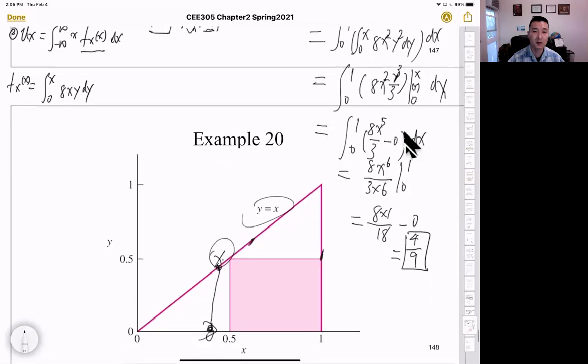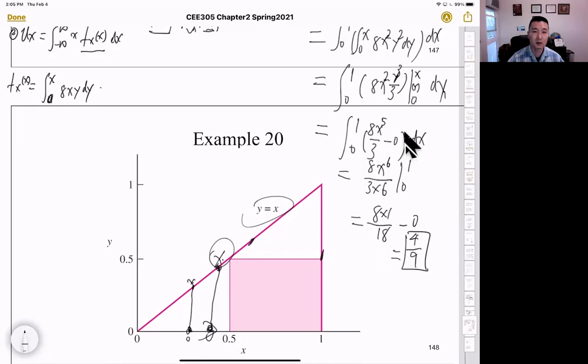Okay, what does that mean? So fix x for a certain value of x. The value for y is between 0 and x. Okay, so that's why we have integration between 0 and x.